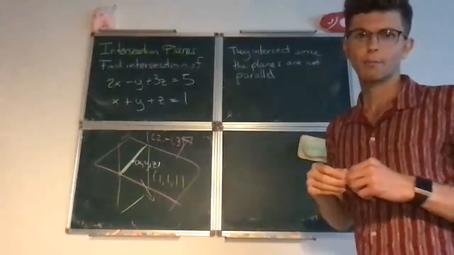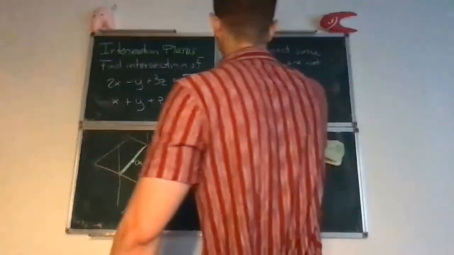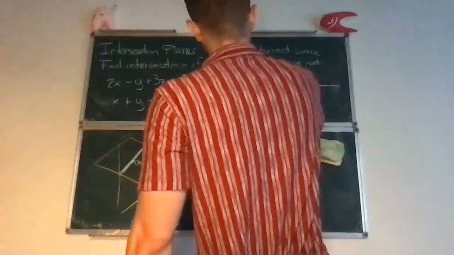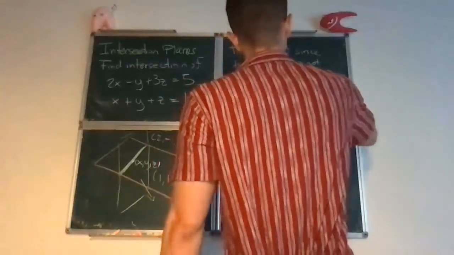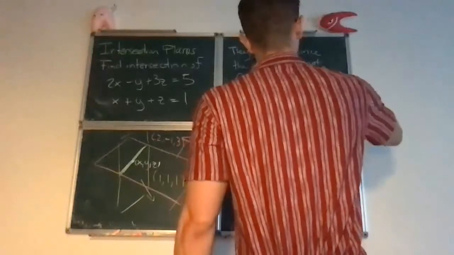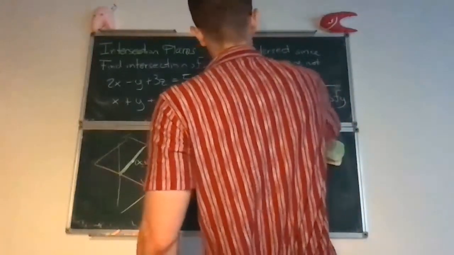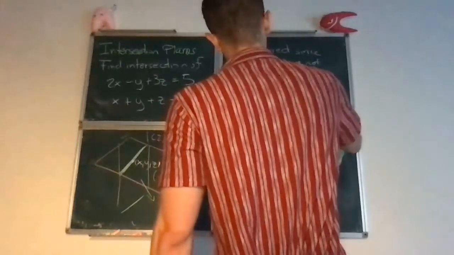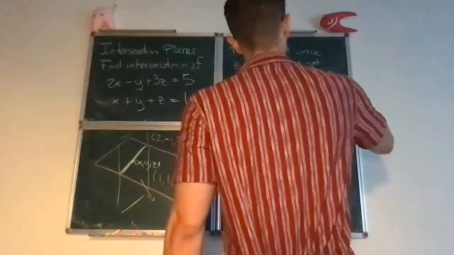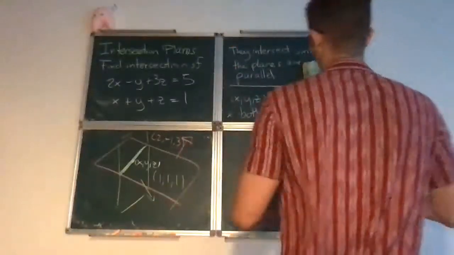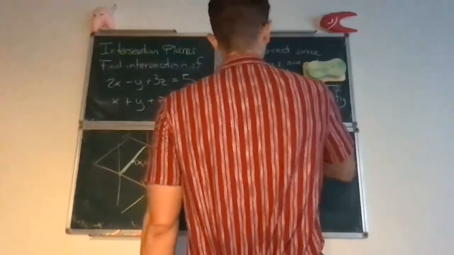Moreover, a point of intersection must satisfy both equations, if it belongs to the line of intersection.